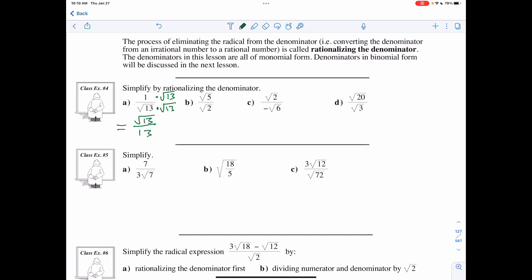If I do the same thing for the next example, how am I going to eliminate that square root of 2 in the denominator? By multiplying by the square root of 2. This is going to give me the square root of 10 over 2.